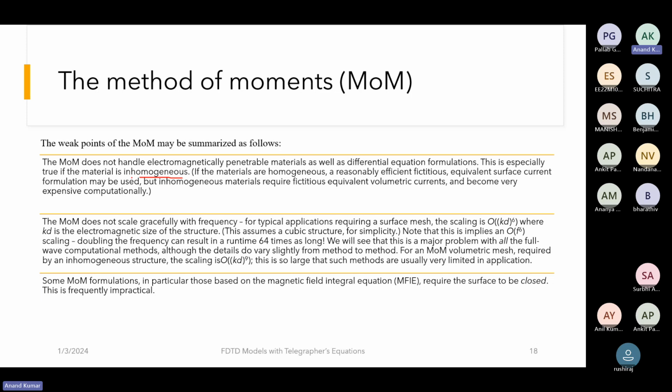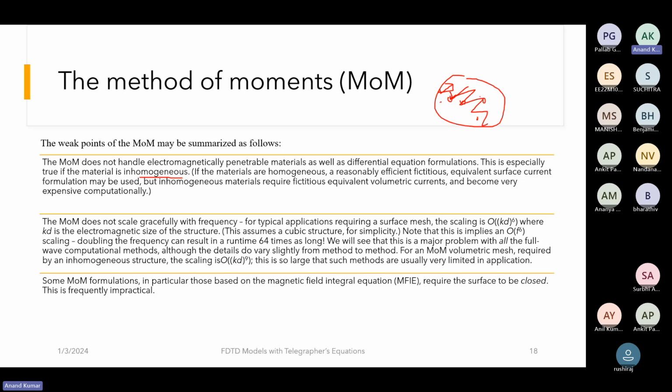We have already discussed how this method becomes terrible if you are trying to solve a region which has different electric properties inside, because we are just meshing the surface.